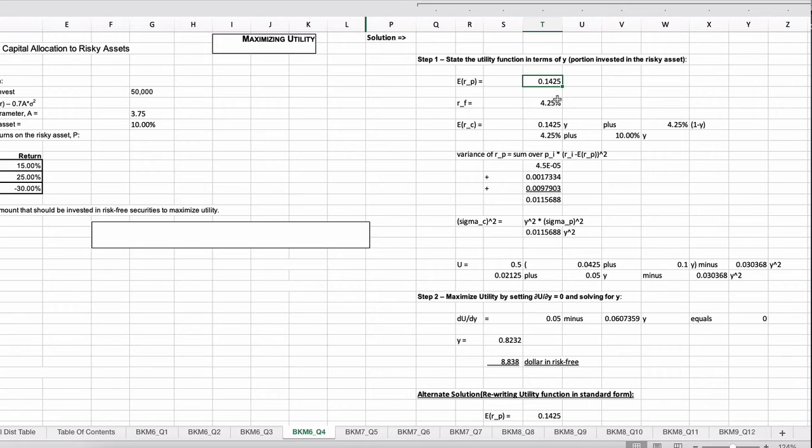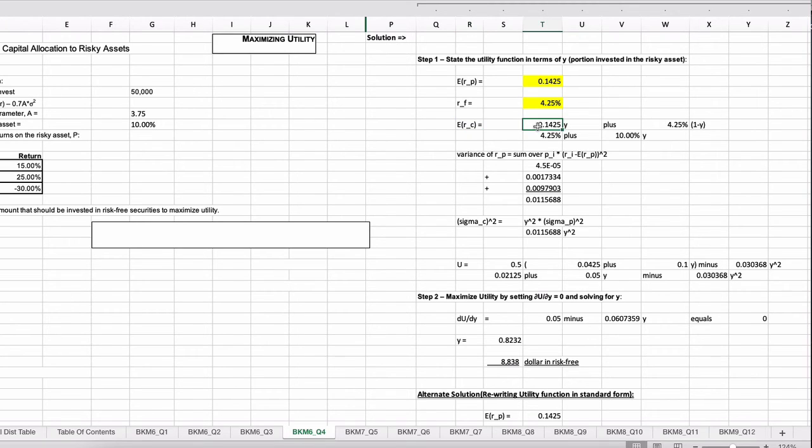Similarly, we first calculate expected return of the risky asset, 14.25%. Next, we need to calculate the risk-free rate, which is 14.25% minus the risk premium of the risky asset, and we got 4.25%. Let's set up the equation for the expected return of the complete portfolio.